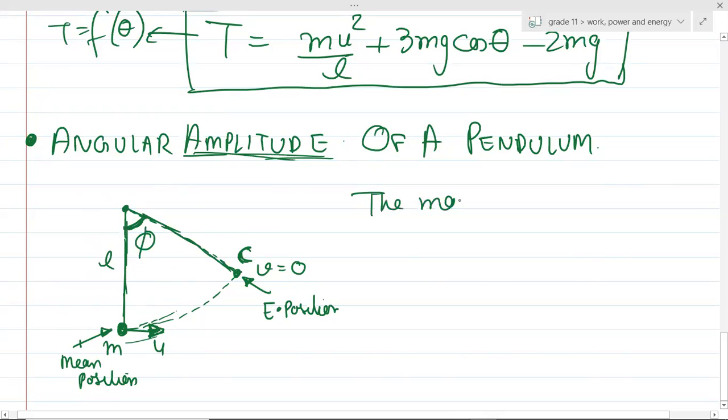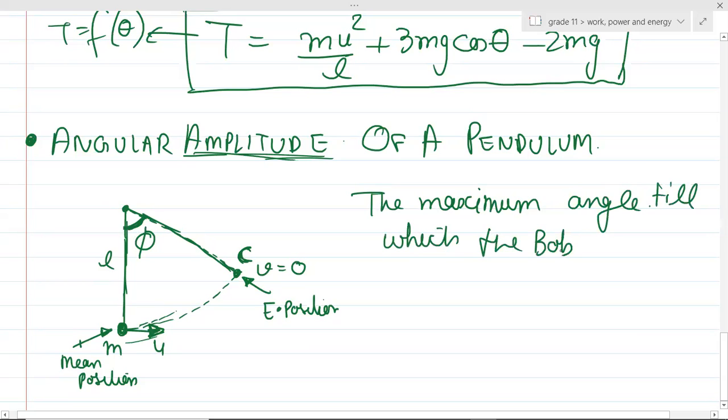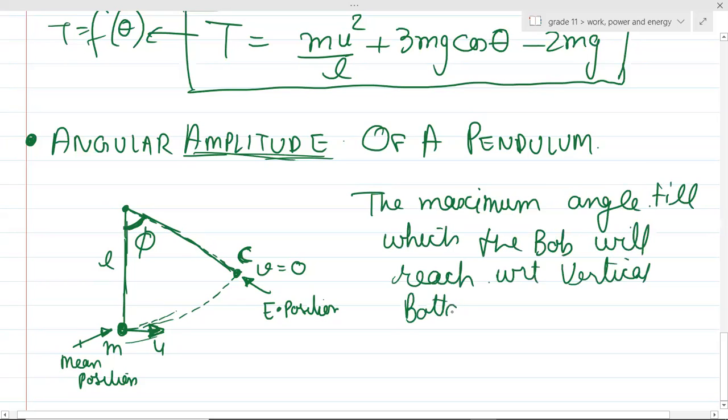It is the maximum angle till which the bob will reach with respect to vertical bottom. Please remember, by vertical bottom I meant this line, okay? This line.